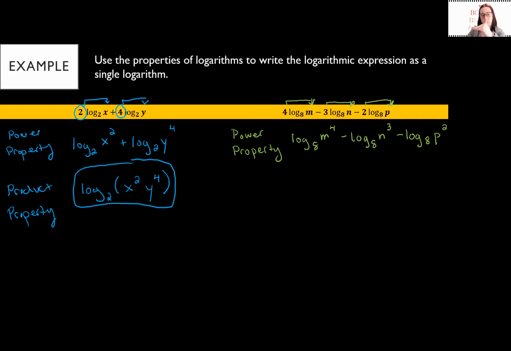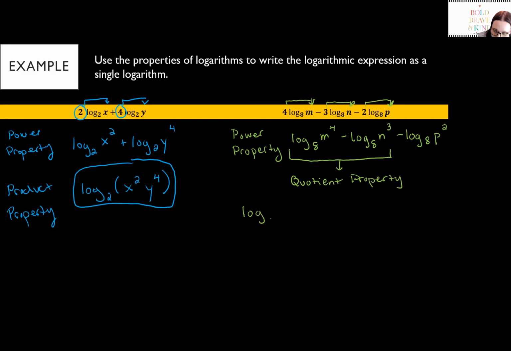And then we're going to work from left to right. So we're going to use the quotient property on the first two things that we're seeing here. That quotient property is when you've got subtraction, you make it a fraction. And so we're going to combine that into a single logarithm.